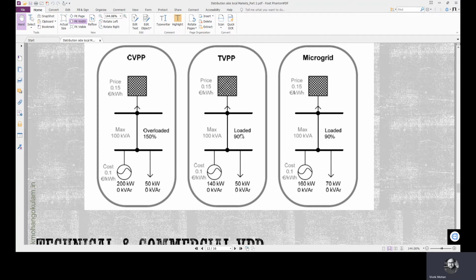Here it's 90% loading because this 200 is brought down to 140 kilowatts. We know that we can sell more power and earn more from the local generation point of view, but still, because of the maximum power carrying capacity of the line, we only generate 140. But the load is untouched here. The load is untouched because there is no direct transaction between the load and the operator.